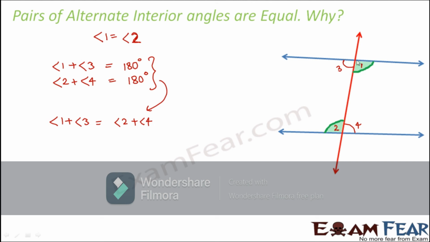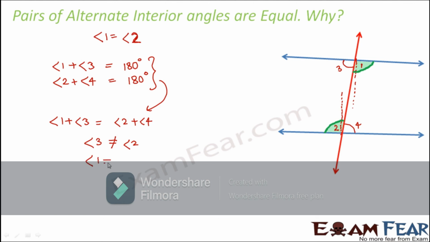When you look at this diagram, let's say that these two lines are parallel. So if you draw a 90 degree like this, similarly if you draw a 90 degree like this, what do you see? You see that angle 2 is greater than 90 degrees, and here you see that angle 3 is less than 90 degrees. So we know that angle 3 and angle 2 will never be equal.